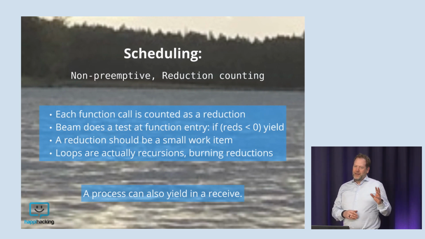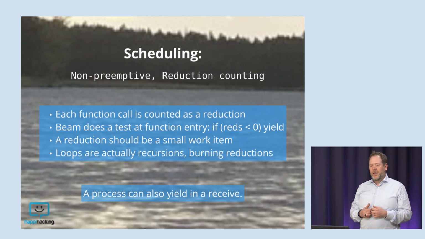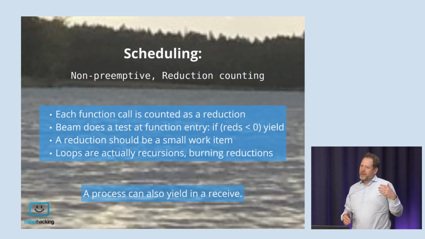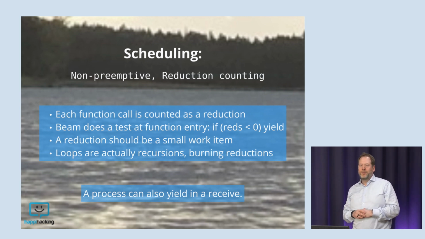So I said earlier that Erlang has schedulers. The big thing with Erlang is, of course, that it's a concurrent programming language with many processes. And on the Erlang level, all these processes are preemptive. So as a programmer, you don't really have to worry about when a process is yielding and letting some other process run.